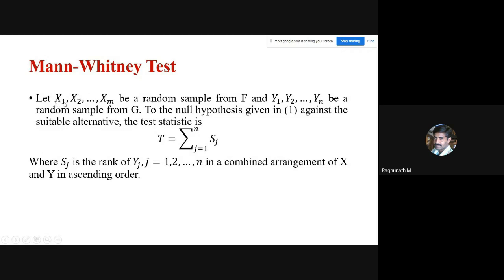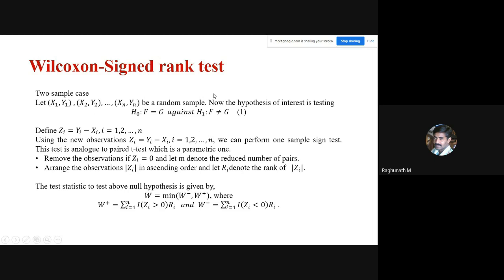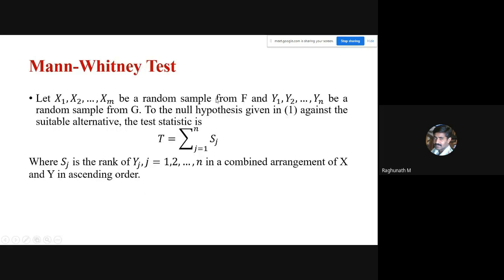Let x1, x2, up to xm be a random sample from F, and y1, y2, up to yn another. Looking at the suffixes m and n, both samples have different sizes, m observations and n observations. To compare them, this is a generalization of what we understood regarding the Wilcoxon signed rank test.